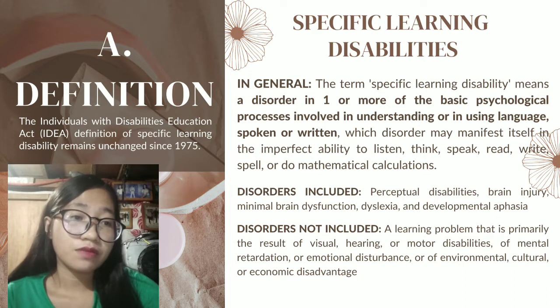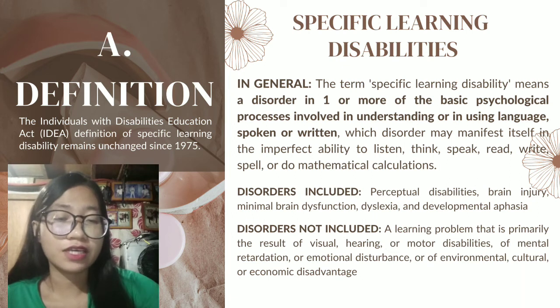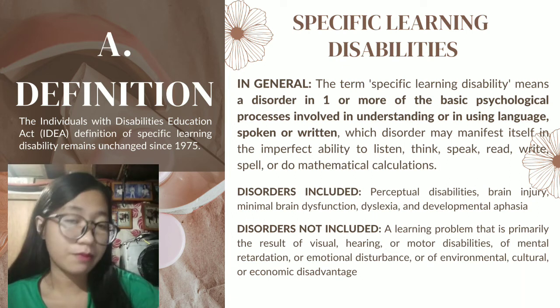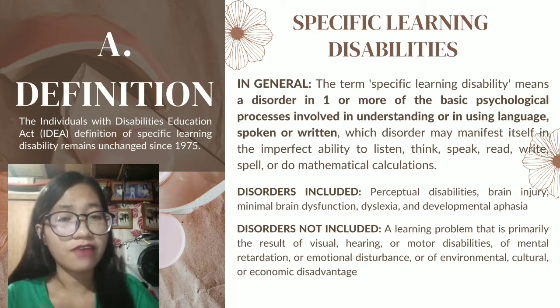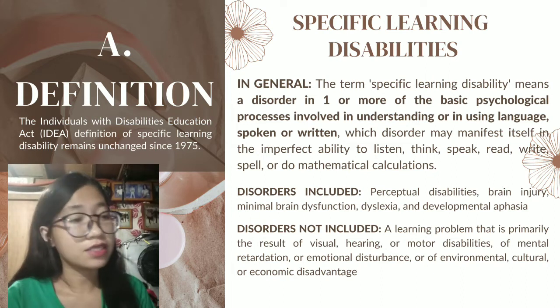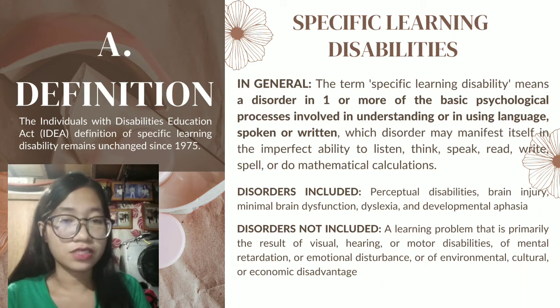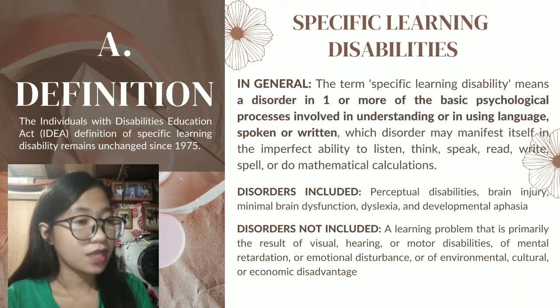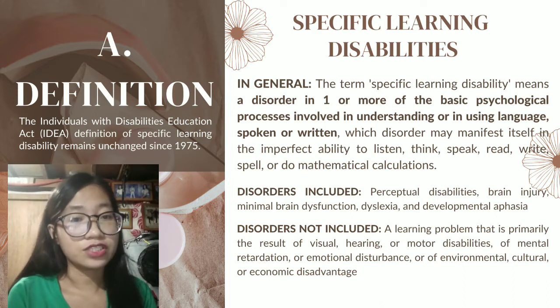With minimal brain dysfunction, the brain damage is not obvious, but the minimal dysfunction can still affect the emotions, behavior, memory, or learning of the person. Then dyslexia is the reading disorder. This is one of the types of SLDs which will be discussed later on. And lastly, developmental aphasia, or the language disorder.